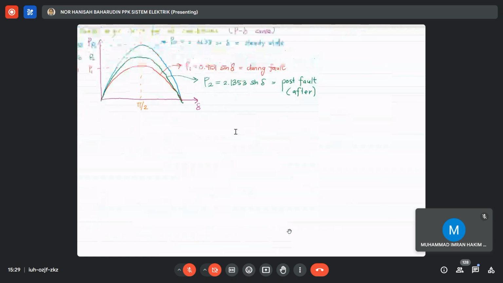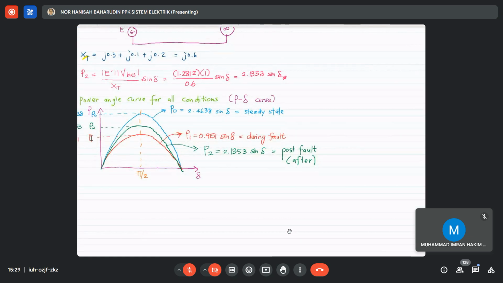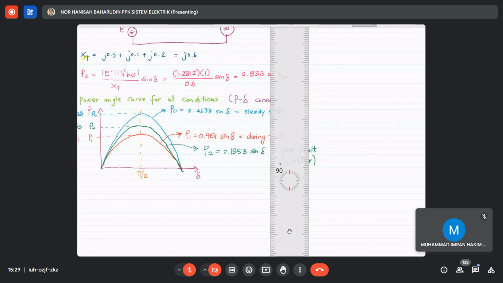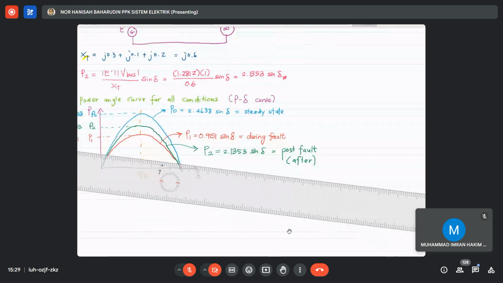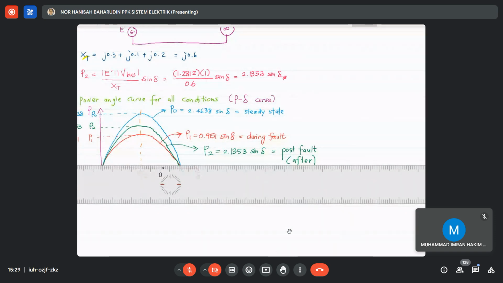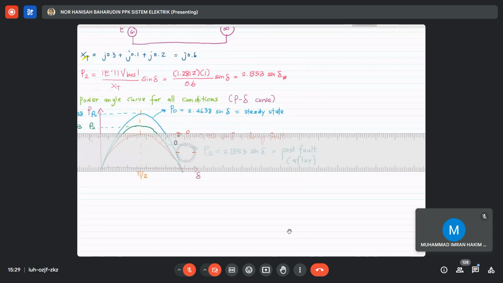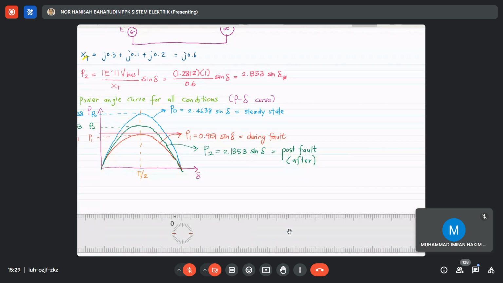So you can draw your PM here, your PM will be here. This is your PM, which is equal to 1 per unit.